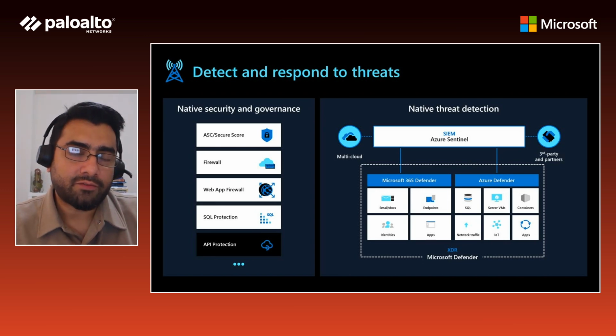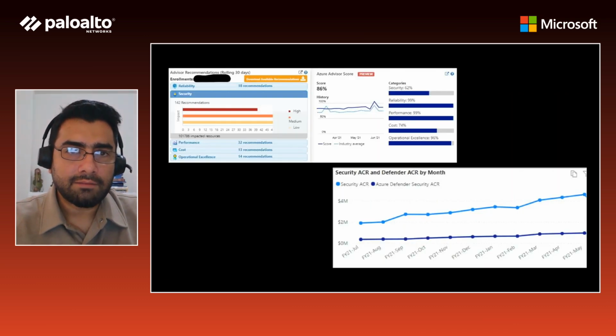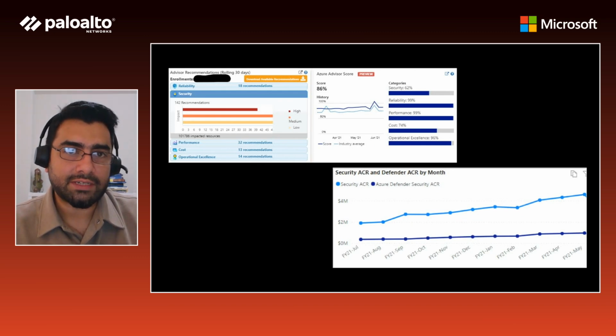So in the Well-Architected Framework, we look into not only how to secure your data, but also how to detect and respond to the threats if you're encountering anything like this. There's some analysis of how the graphical structure or the data looks once you have the threats and your Advisor score from your Azure portal.